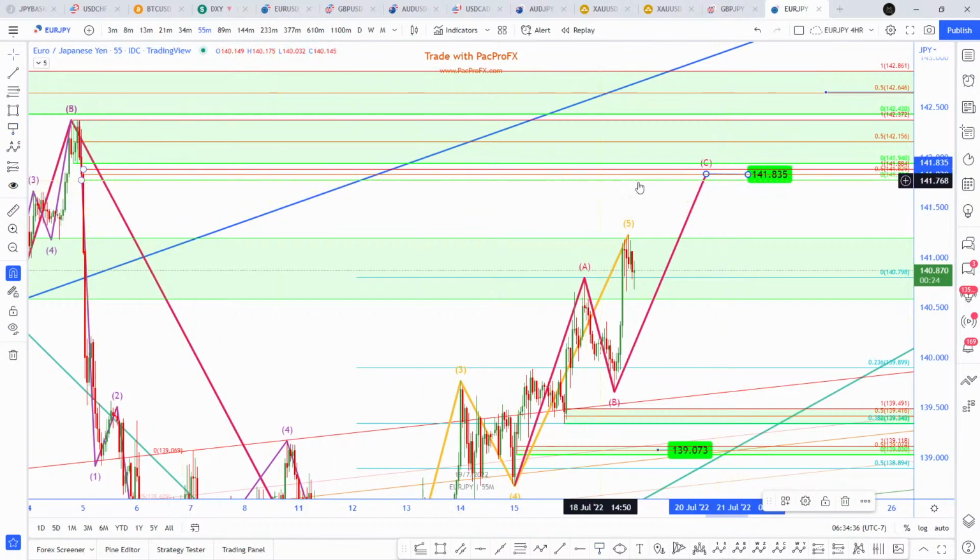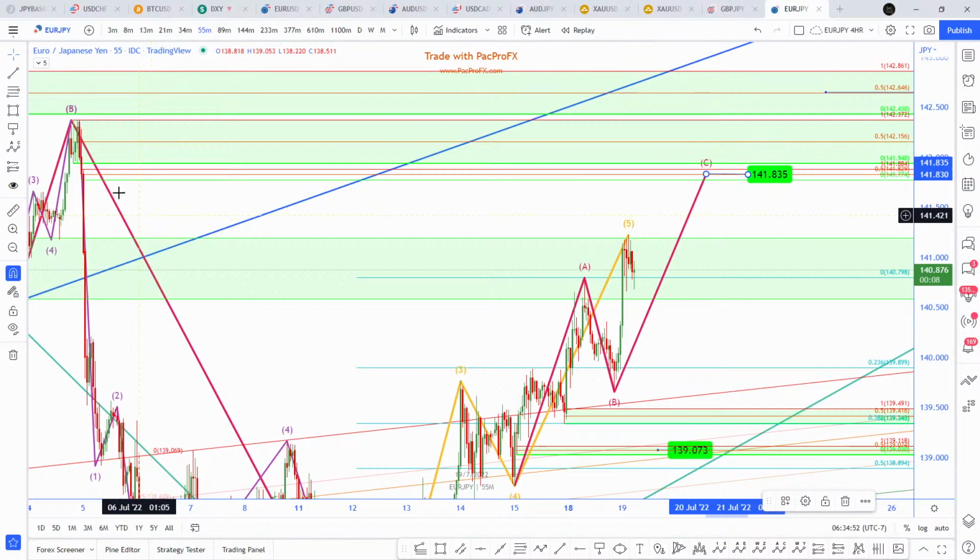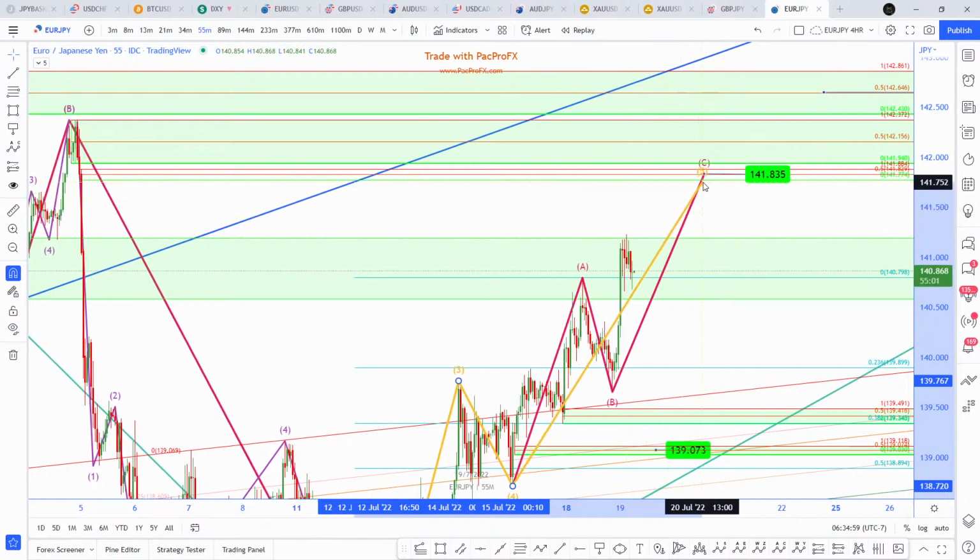This will be a one touch only. So one touch, pull back. The second time, it'll go right through it and then hit this next supply zone on whatever it decides to do. It might extend this wave. So this would only work one time. It's very weak. So this 5 will end up being all the way up here.